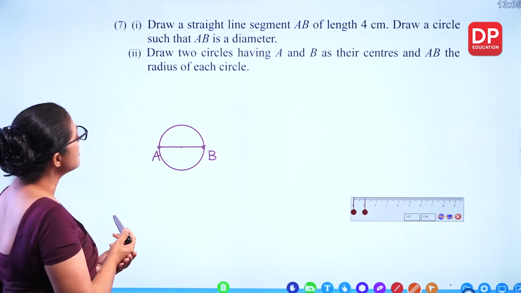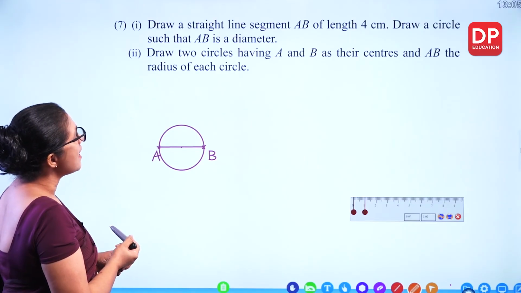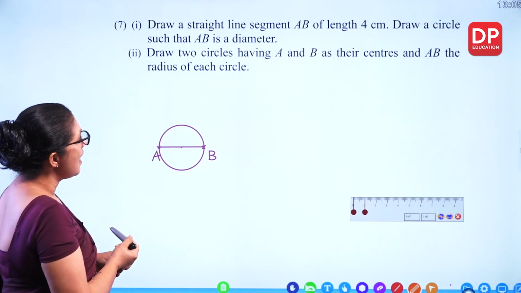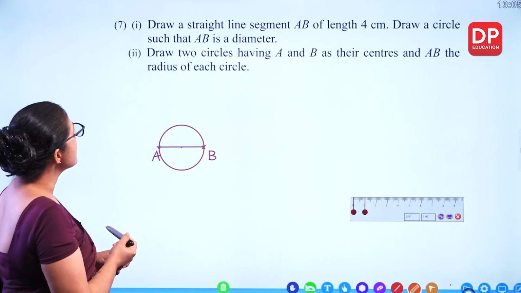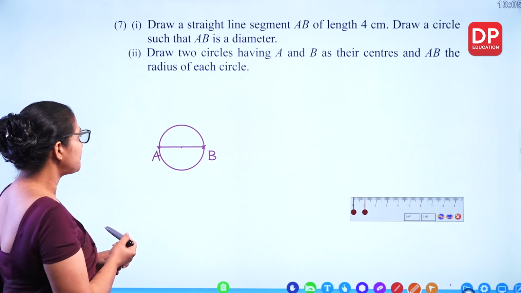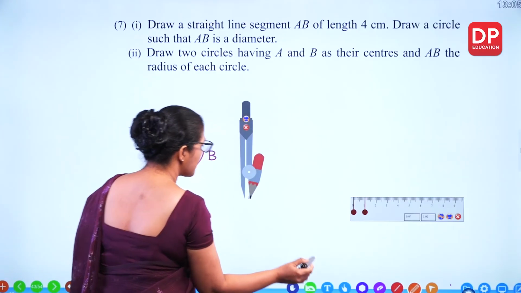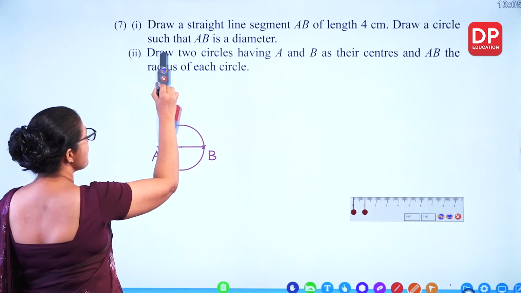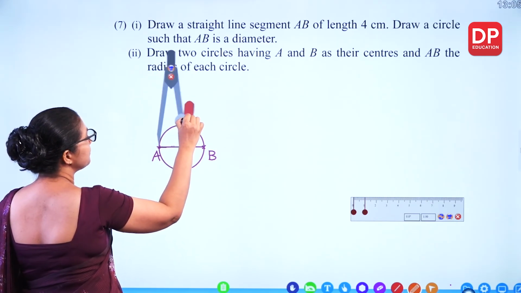Draw 2 circles having A and B as their centers and AB the radius of each circle. So you have to take the compass and the radius is now AB length.